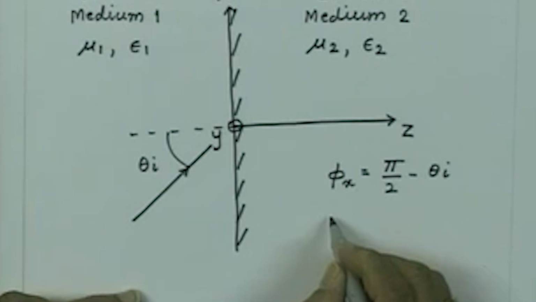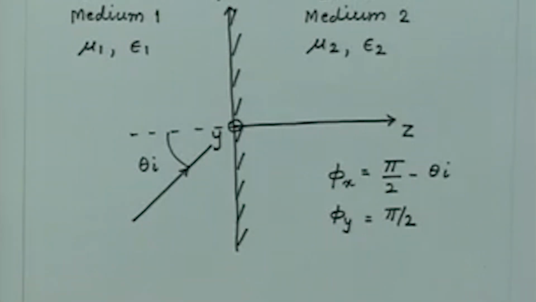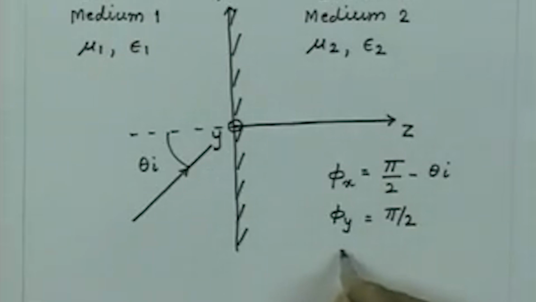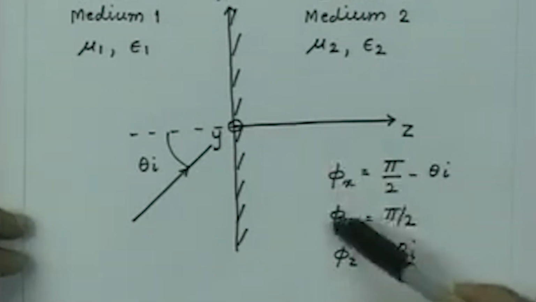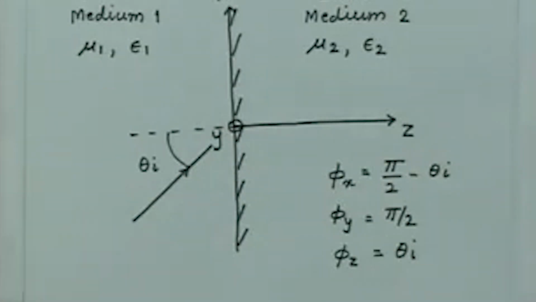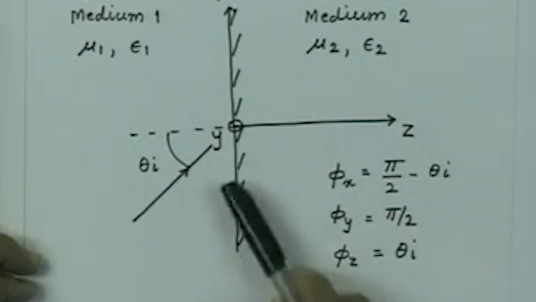So in this case phi y is pi by 2, and the angle which this makes with the z axis, phi z, is theta I. Once I know these 3 angles which the wave vector makes with the 3 coordinate axes, then I can write down their direction cosines and I can write down the phase function.